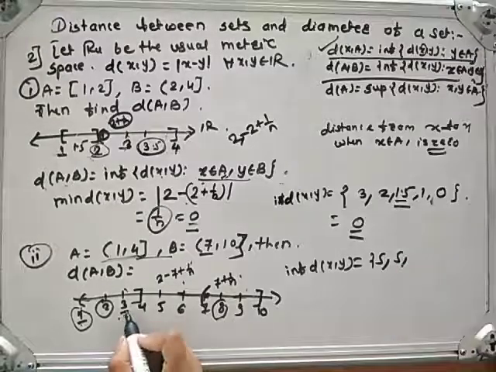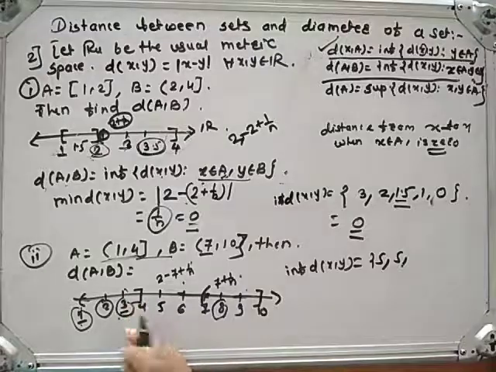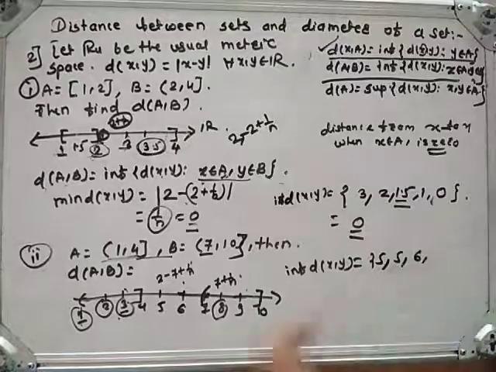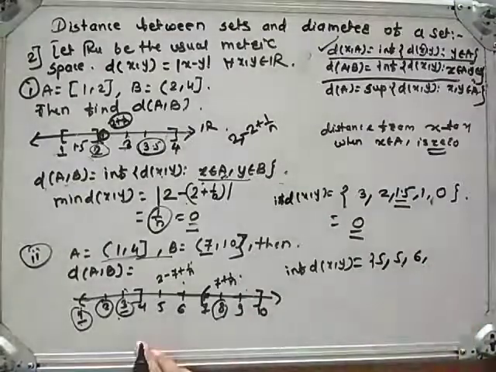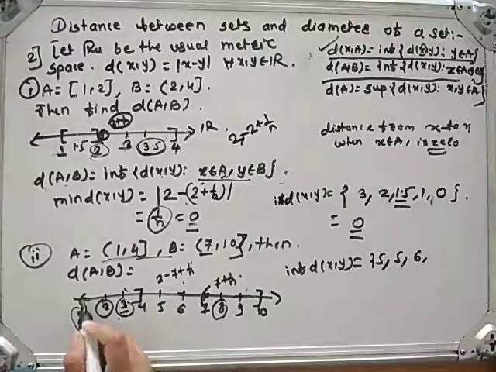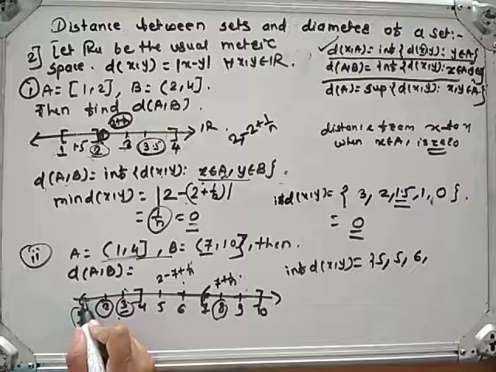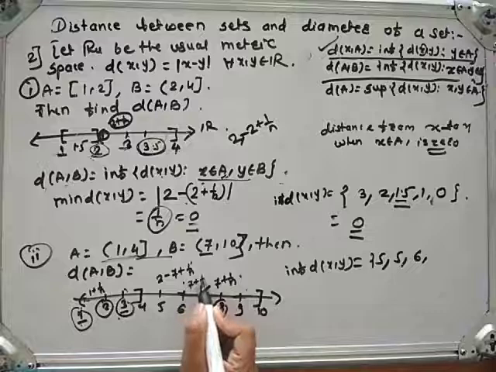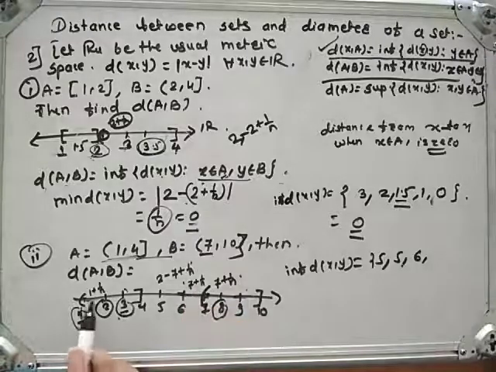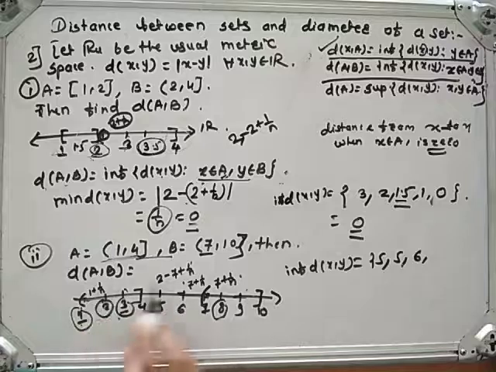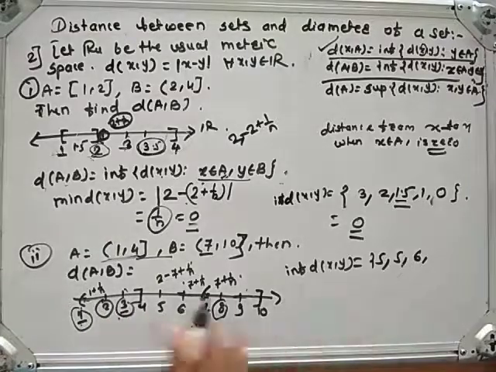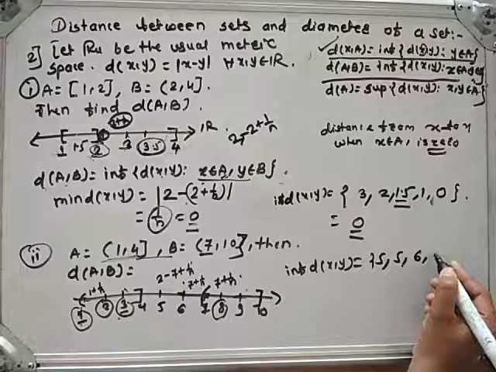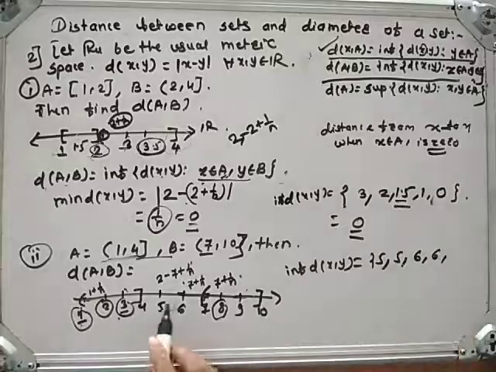If you take 3 from set A and 9 from set B, then the distance between 9 and 3 is 6. See here, this point is of the form 1 plus 1 by n and this point is of the form 7 plus 1 by n; the distance is 7 minus 1, which is 6.